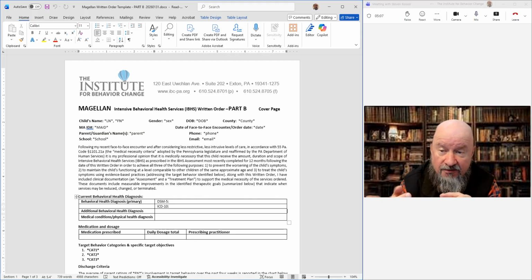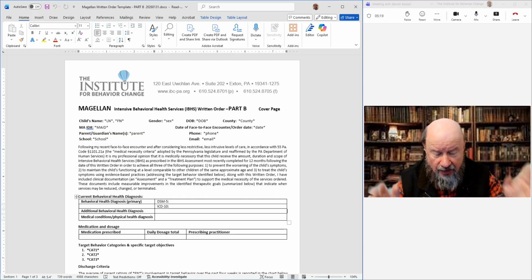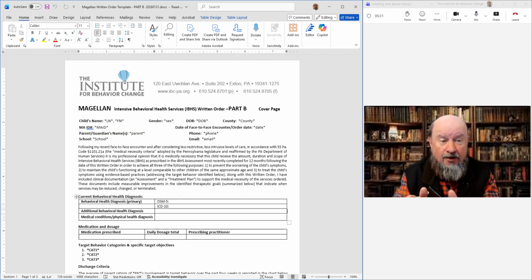So here you have what the written order blank looks like if I'm the writer of the written order. And as we move into a realm where other people who have less experience than I have are going to write written orders, licensed professional counselors can now do written orders for IBHS, for example.